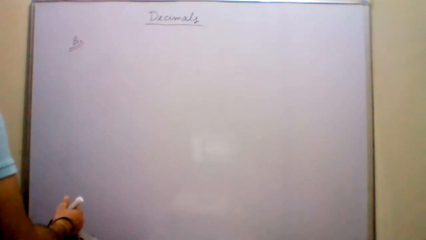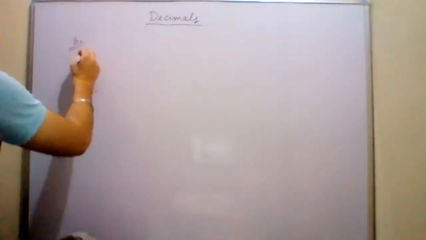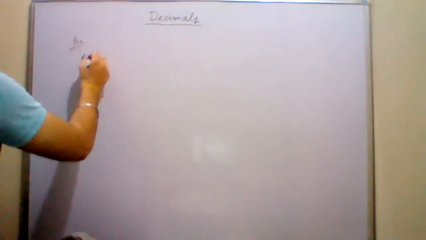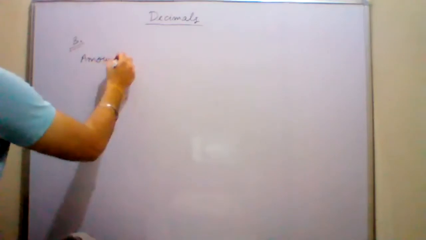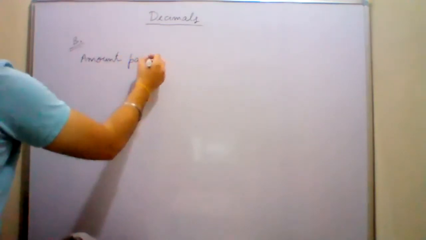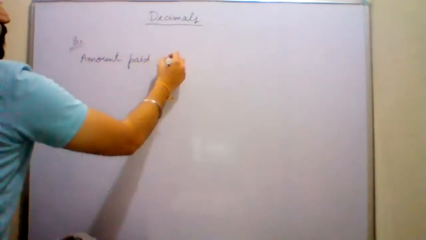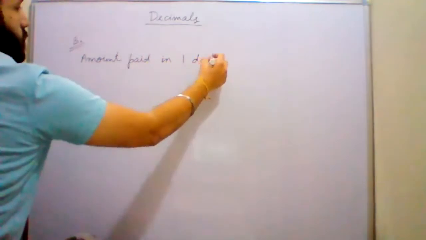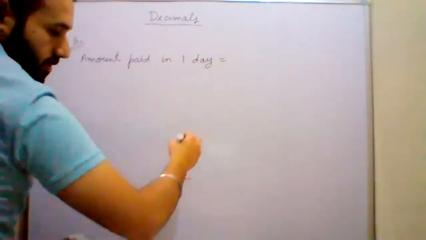Salary of the driver for 1 day. Money paid to the driver in 1 day. You can write like this: amount paid in 1 day. How much amount the driver receives in 1 day?